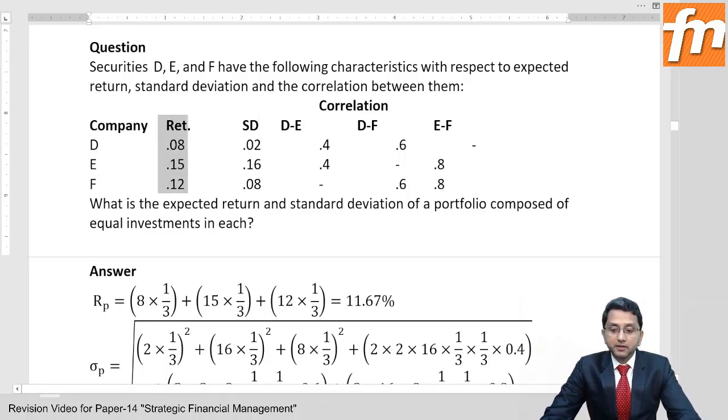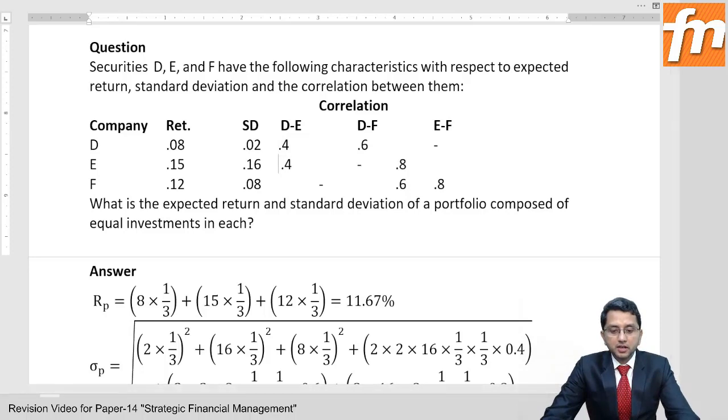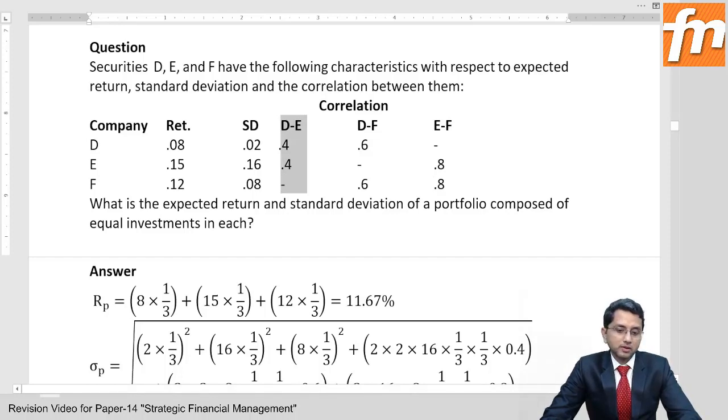These three securities have return of 8, 15 and 12. They have a risk of 2%, 16% and 8%. And their correlation coefficients are like this. The correlation between D and E is 0.4, that is 1 and 2.